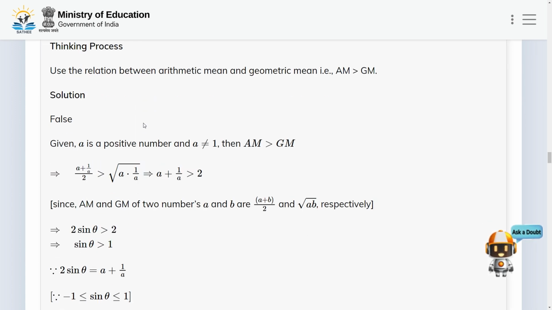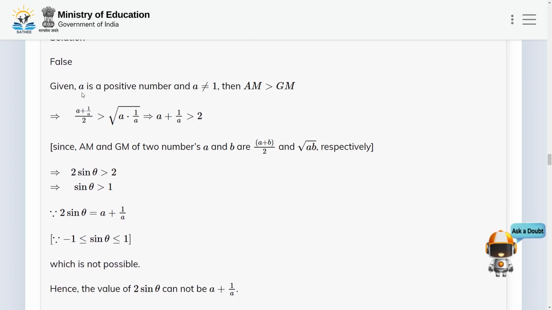So use the relation between arithmetic mean and geometric mean. We know that the arithmetic mean is always greater than the geometric mean. Here, given a is a positive number and a does not equal 1, AM greater than GM implies (a plus 1 by a) by 2 is greater than square root of a times 1 by a, and it implies a plus 1 by a is greater than 2.